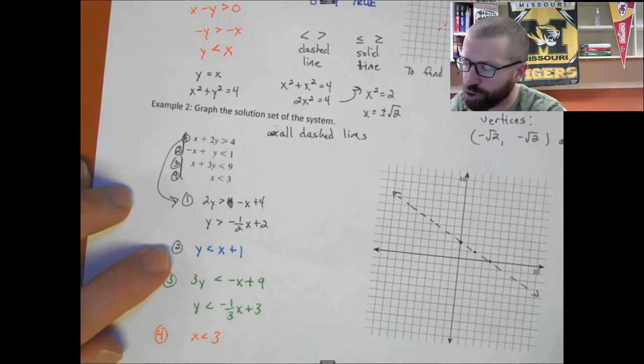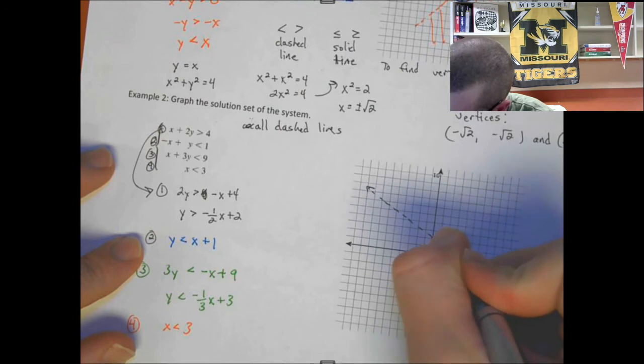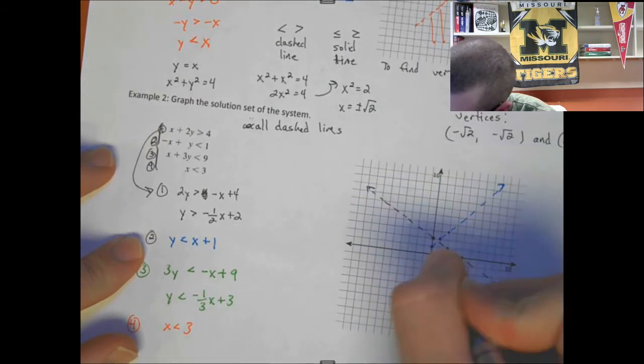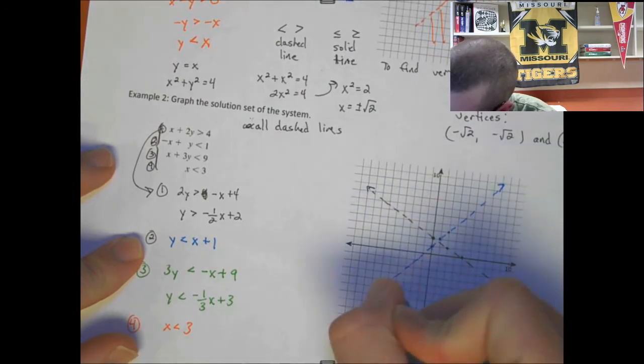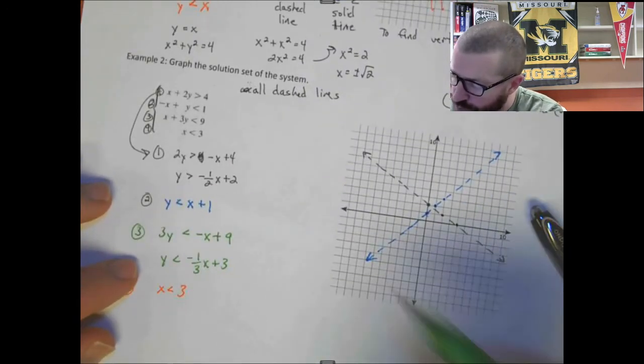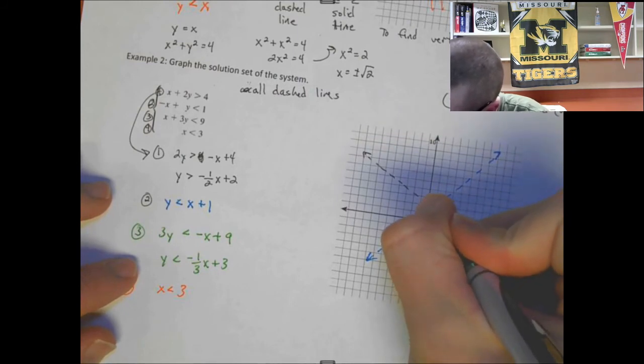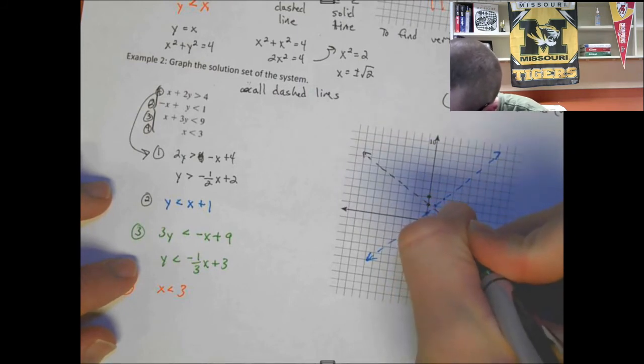This blue line, number 2, has a y-intercept of 1, and we go up 1 over 1 for the slope, and it's also a dashed line. Number 3 has a y-intercept of 3, 1, 2, 3, and it goes down 1 over 3.